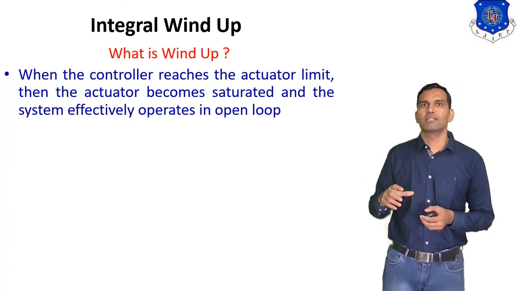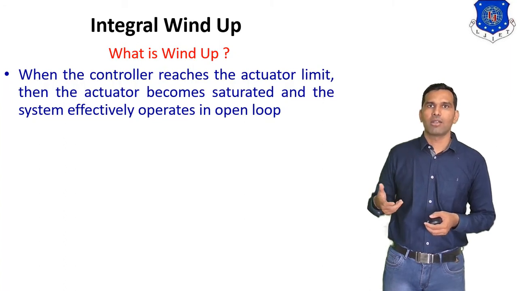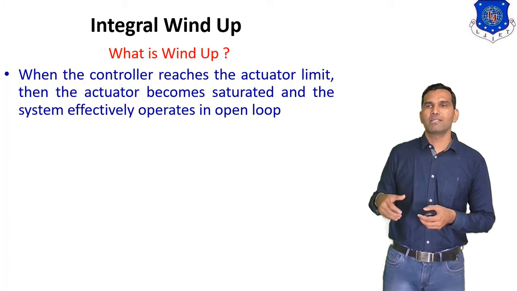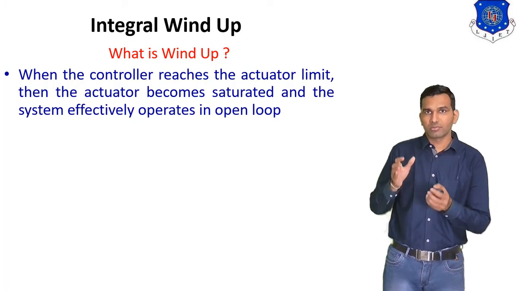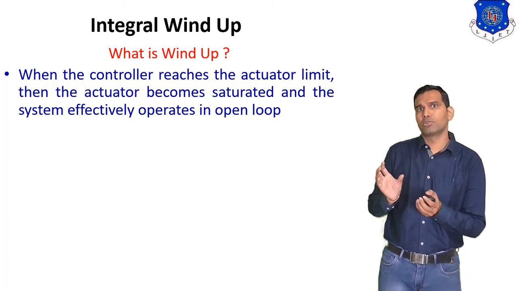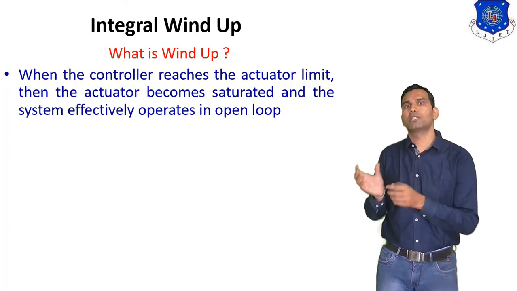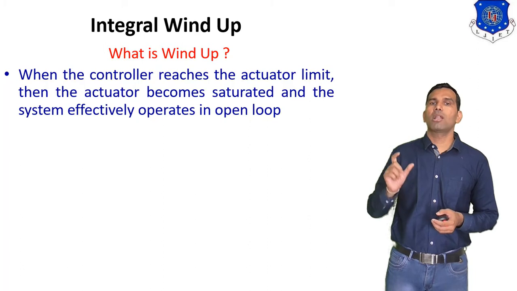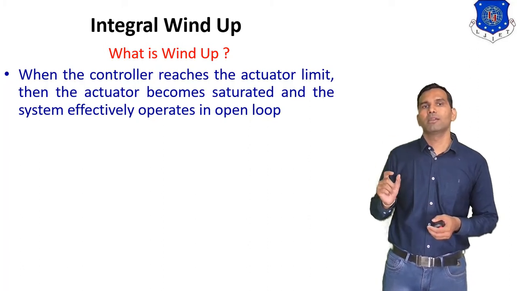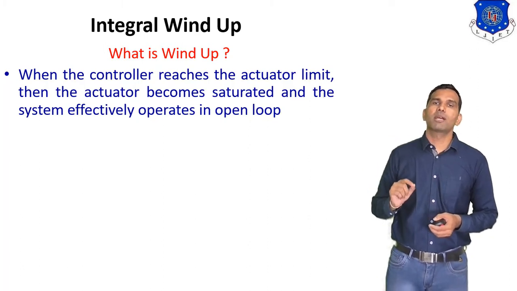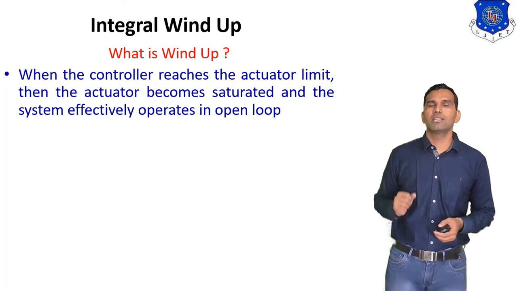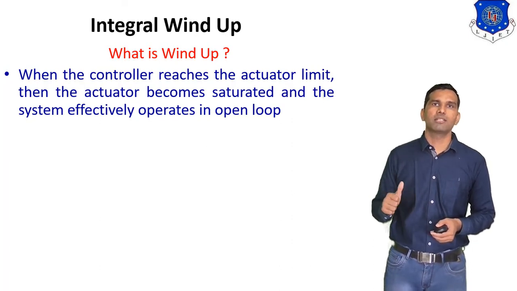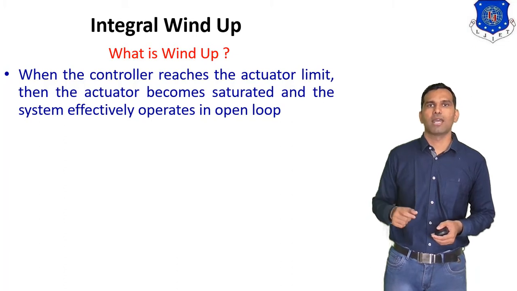Actuator, we can say, is a valve that is used to open or close the system, or any device that is used to provide the output to the system. So here, when the controller reaches the actuator limit, the actuator becomes saturated and the system effectively operates in an open loop. That means there is no controlling action at that time.